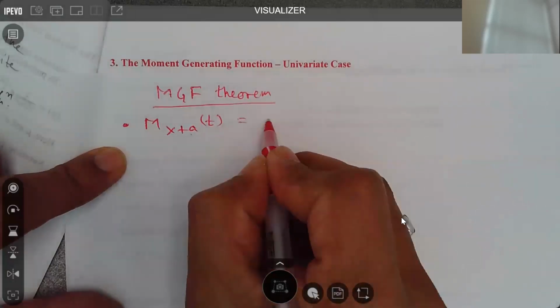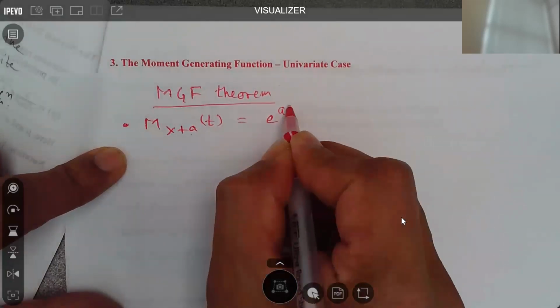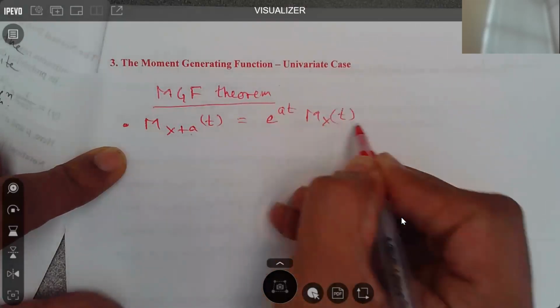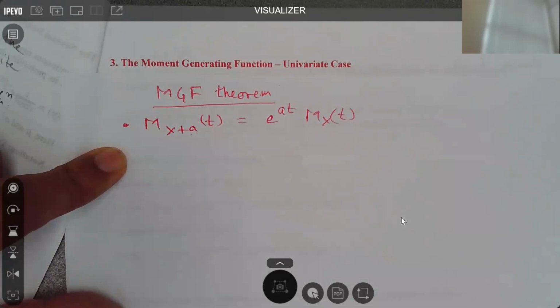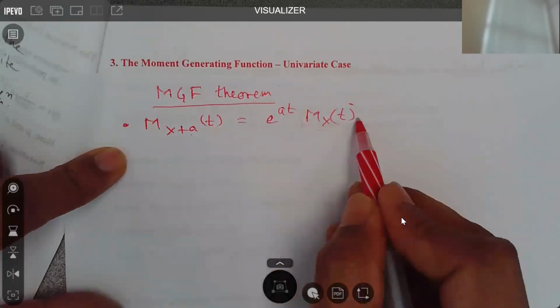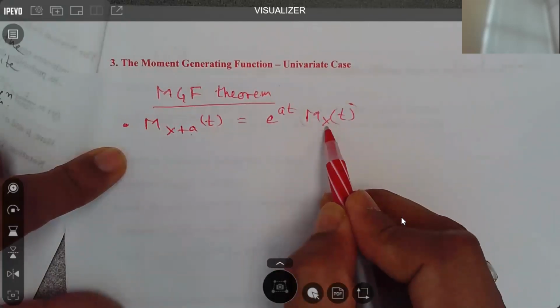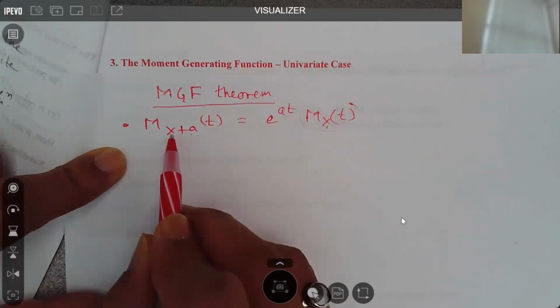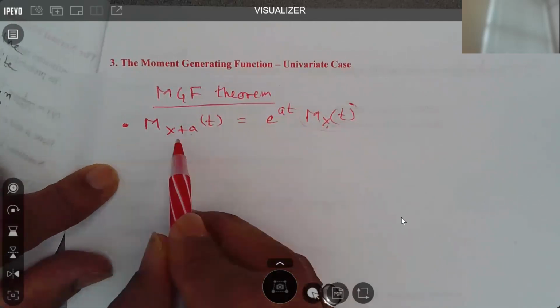So this is equal to e^{at} M_X(t), right? It means that if you know the moment generating function of the random variable X, then you can find the moment generating function for another change of origin of the random variable.